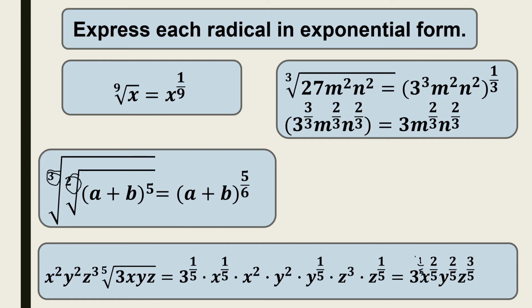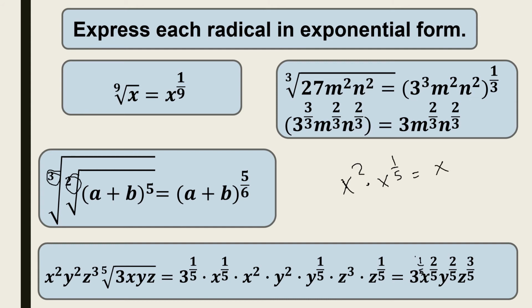Sir, why did it become x to the fifth? Because x to the fifth is x squared. Okay, x to the fifth. Then you multiply x by 1/5. If you multiply, as we say, we need to add the exponents.